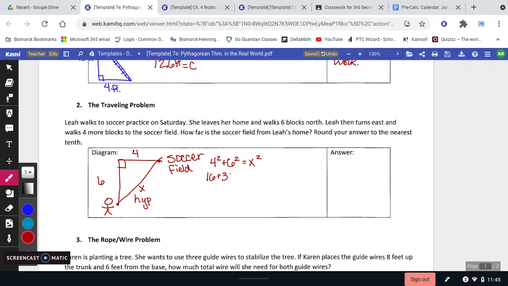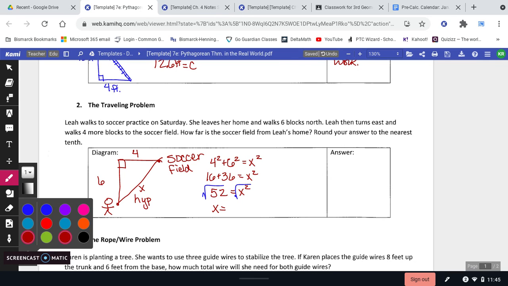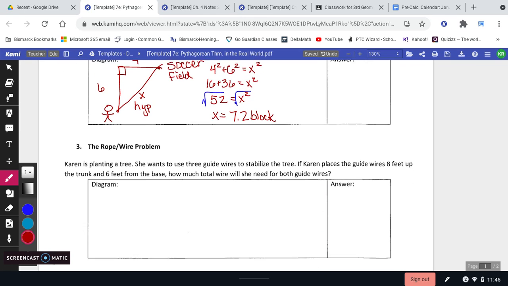So 16 plus 36 equals x squared. 52 is x squared, and then do the square root of both sides. And x is going to equal, again, it says round to the nearest tenth, so the square root of 52, and it's about 7.2 blocks. So Leah lives about 7.2 blocks from the soccer field.